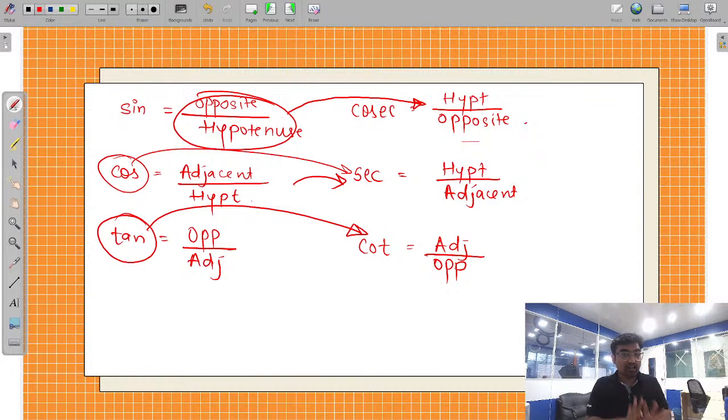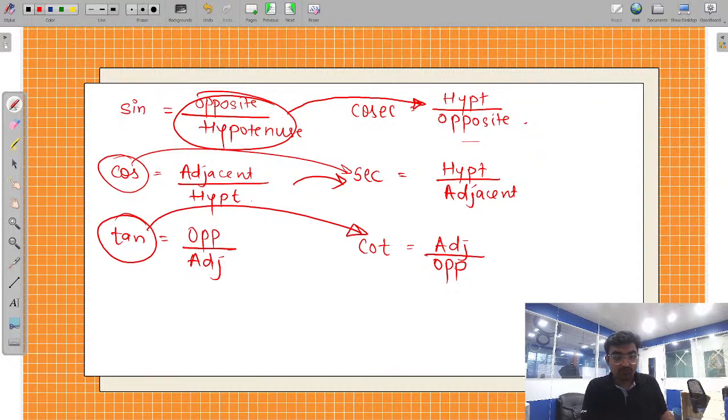So that's why I was telling you, if you remember the first ones, you'll get to know the remaining three also. I'll tell you a trick about tan too. These ratios are quite important, and that's all you have to play with for class 9th. For class 10th there are some more relations, but as of now just memorize this and you're good to go with trigonometry.